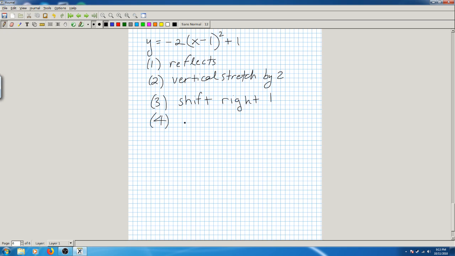And 4, shift up 1. That's 4 transformations that I need to apply to the base curve. If I'm applying 4 transformations to the base curve, I probably have to draw 4 curves if I want to do it absolutely perfectly right without mistake. Drawing 4 curves can be annoying, so there must be a shortcut to plotting vertex form quadratic relations.